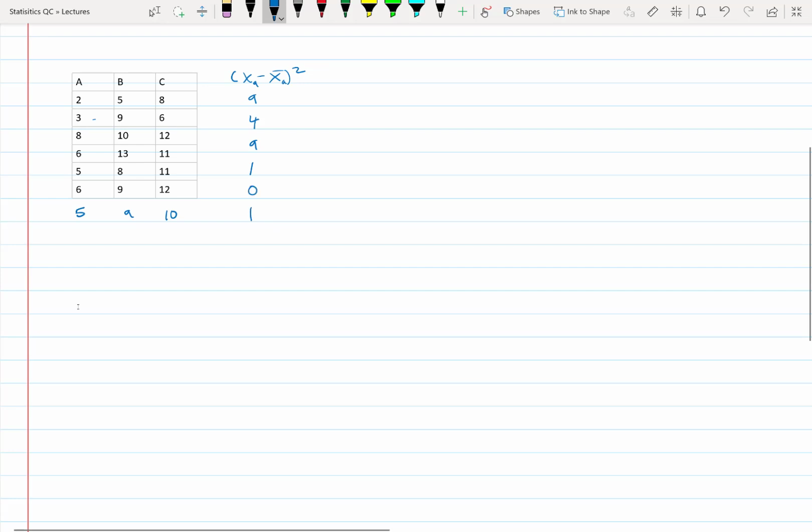All right. Now let's do the same thing for our Group B participants. x B minus x bar B squared. Our x bar value is 9 over here. So the first one is 5 minus 9, which is negative 4. Square that, we're going to get 16.